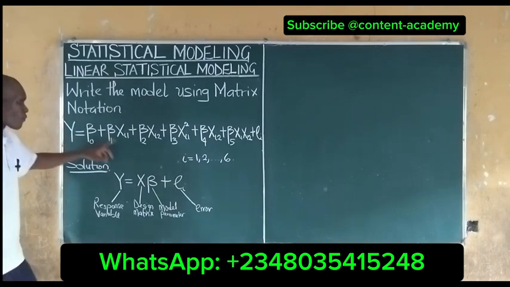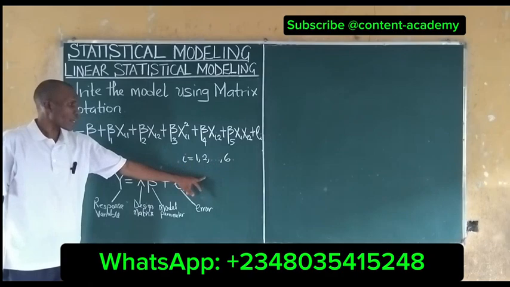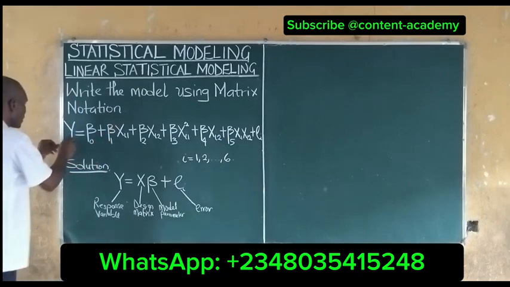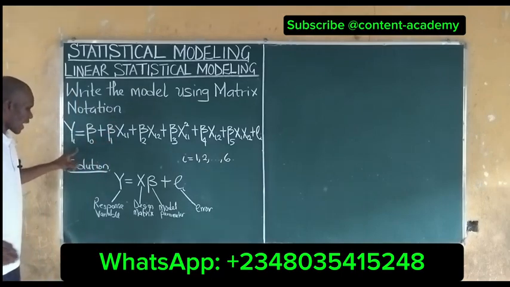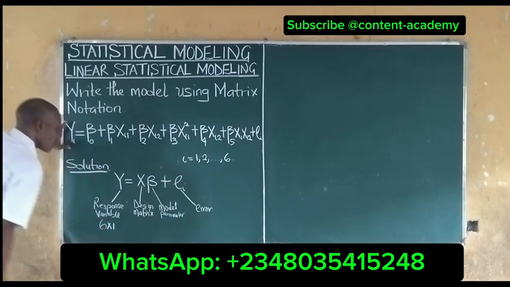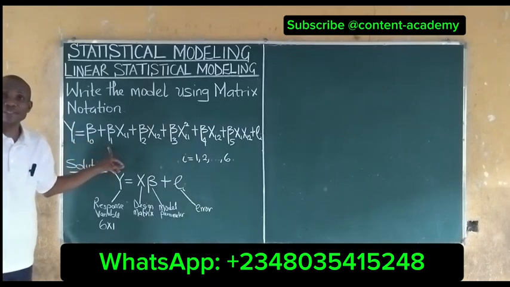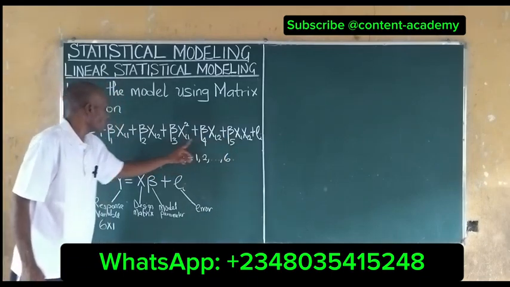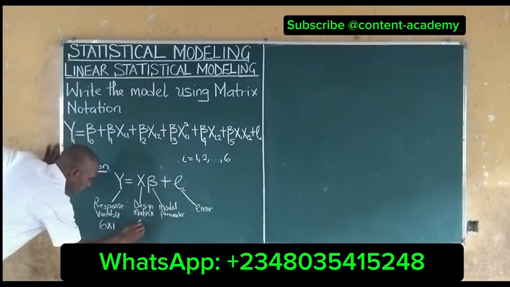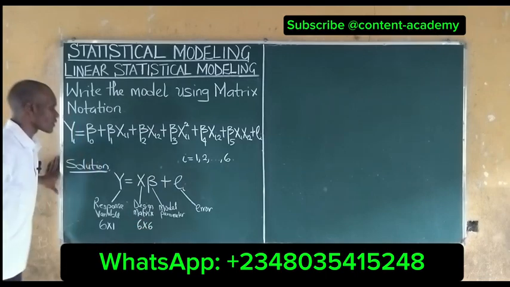Of course, we have 6 observations here. This is the model, we have 6 observations. It then means that our yi will be a 6 by 1 matrix. Now our x, we have to count it: 1, 2, 3, 4, 5 plus this one, 6. So our x will be a 6 by 6 matrix.